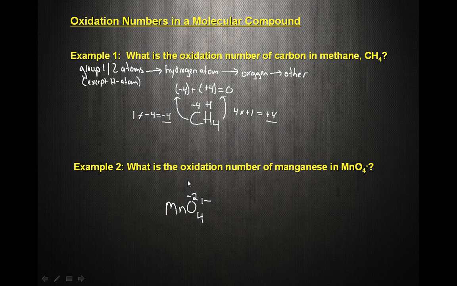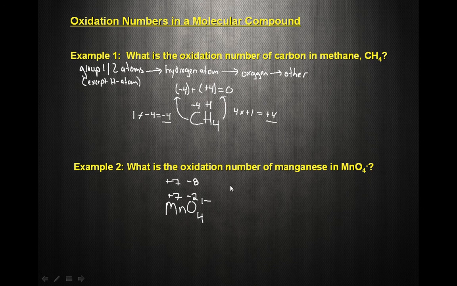So if oxygen is -2, what's my total add up to? 4 times -2 is -8. I only have 1 Mn, so what charge do I have to put here? Whatever number I get up here, it's going to add up to -1. Well, if I put here +7, 1 times +7 is +7.